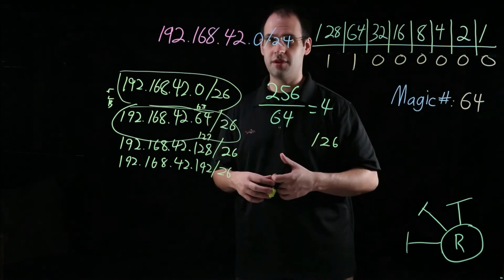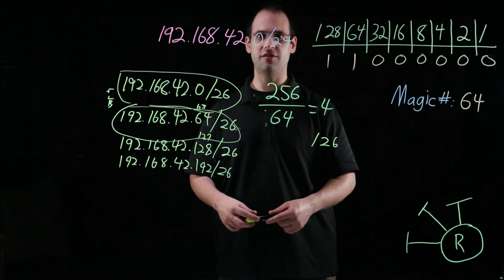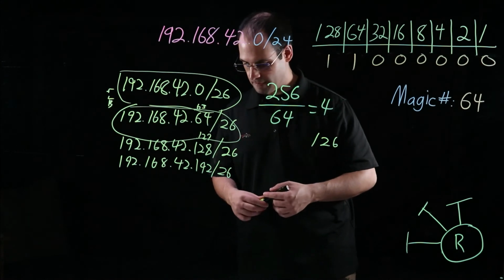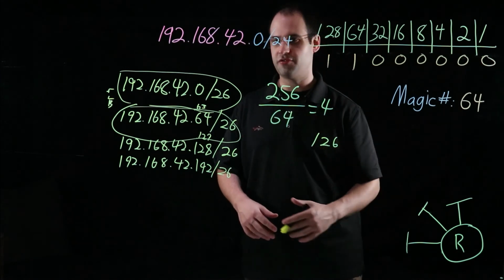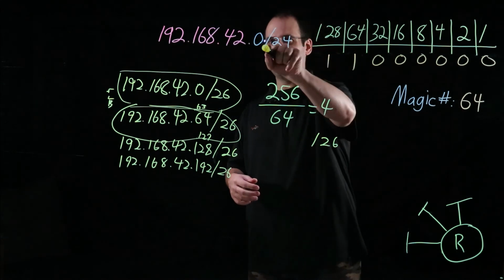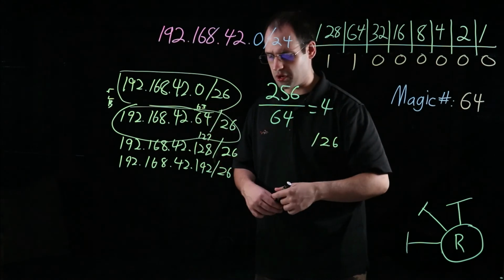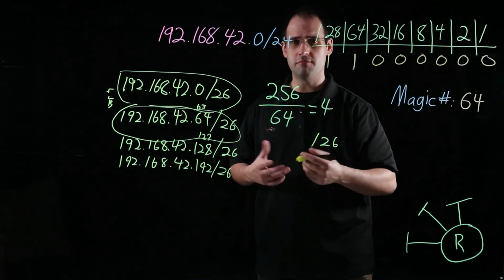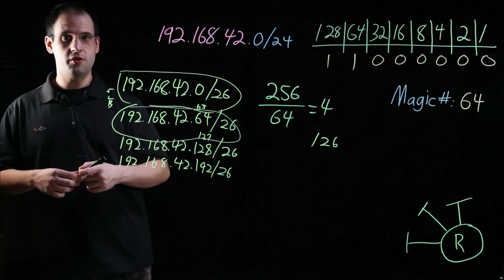With variable length subnet masks, we're going to have a bunch of different networks of different sizes, and we're going to have to figure out how to take this /24 network and split it up into different sizes to make sure all of our networks fit inside of our given /24, or given /25, or whatever we're given. And we're going to do that as quickly as possible using this magic number technique. So I will see you guys in the next video with VLSM.